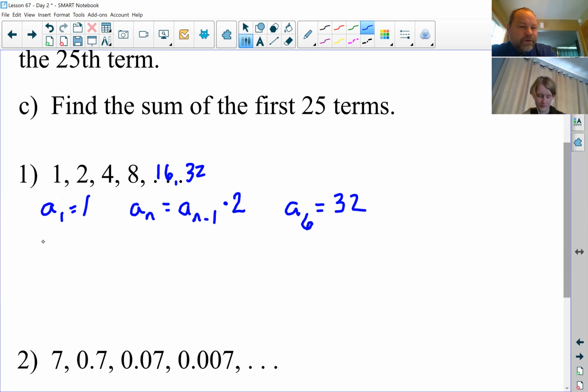For the explicit definition, it would be 1 times 2 to the n minus 1.